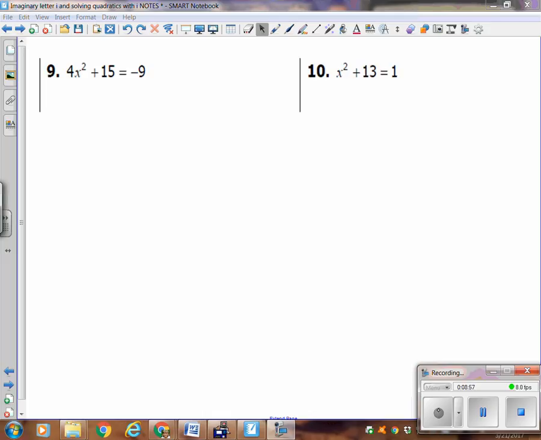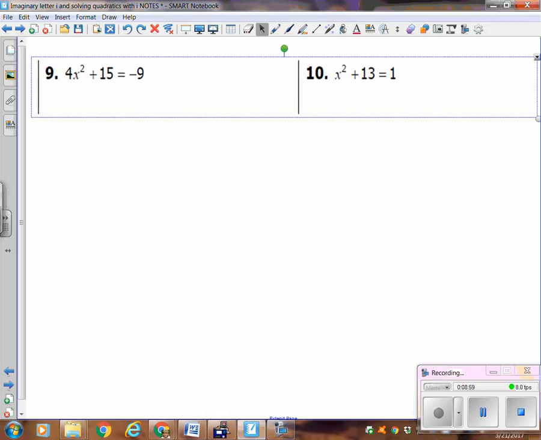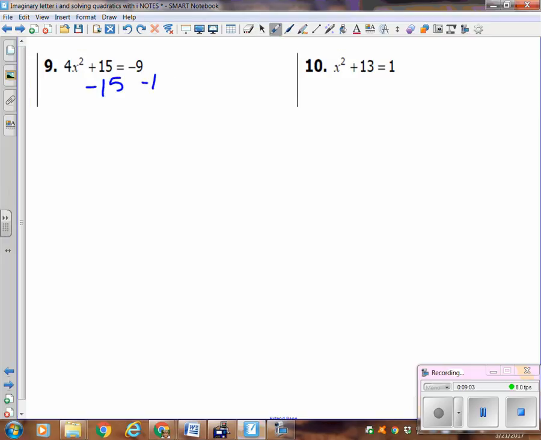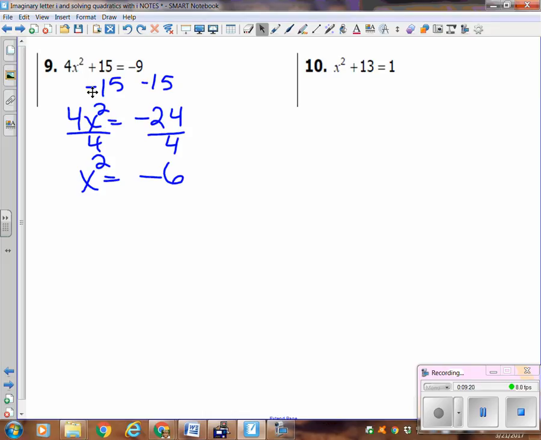Okay, I'm going to subtract 15. So if I take away 15, 4x squared is equal to negative 24. Divide by 4. x squared is equal to negative 6. Now, that's not a perfect square root at all, so I can only bring out what it's possible to bring out.